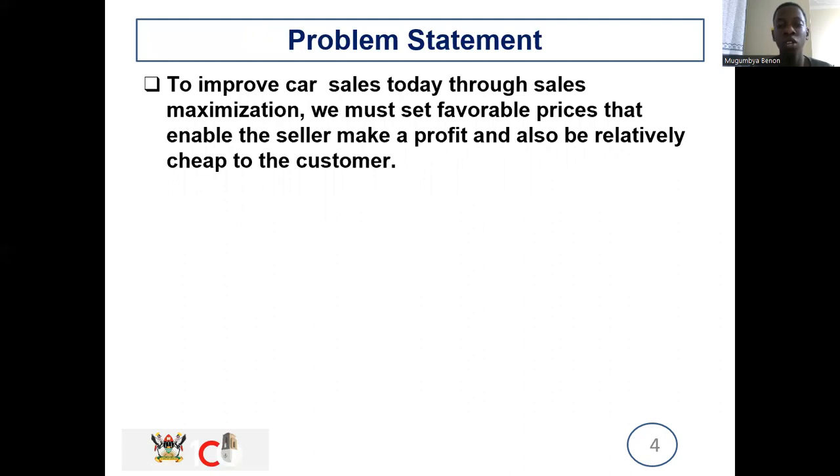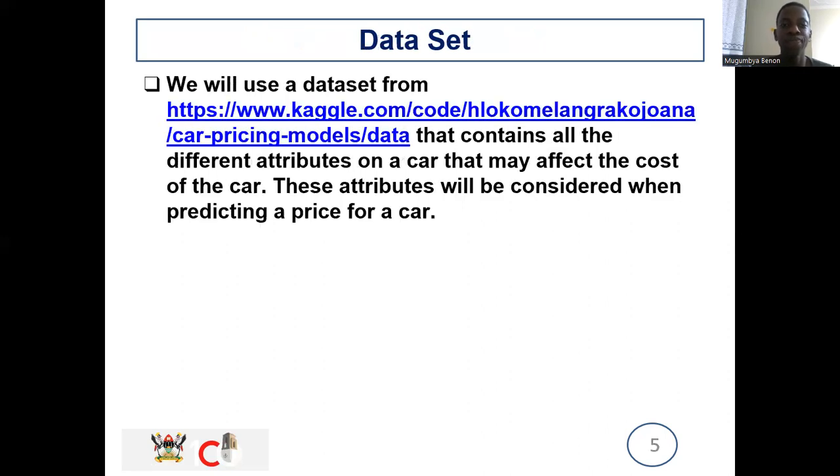In order to do that, we want to set variable prices that enable the seller to make a profit and also be relatively cheap to the customer, because it should be a win-win situation for both of them. The seller should set a price that is optimal for them, and the buyer should get a price that they are willing to pay.